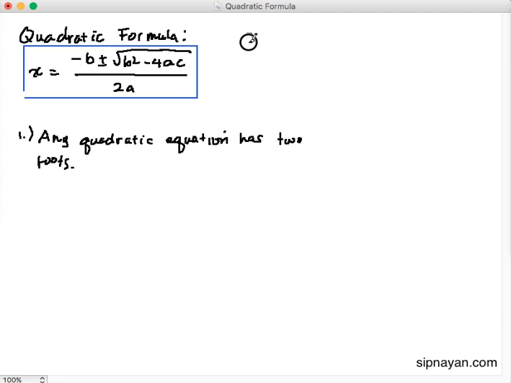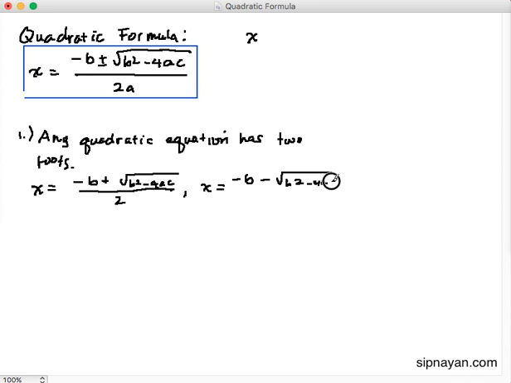We have x equals negative b plus square root of b squared minus 4ac all over 2a. And the other root is x equals negative b minus, pinag-iwalay natin to, square root of b squared minus 4ac all over 2a. So, wala tayong problema dito. Any quadratic equation has two roots.